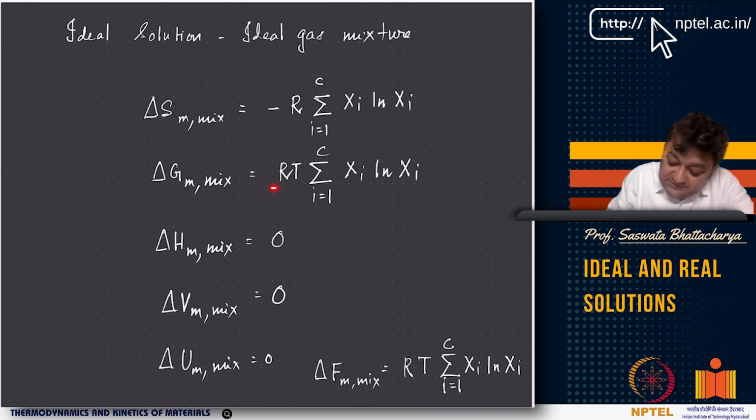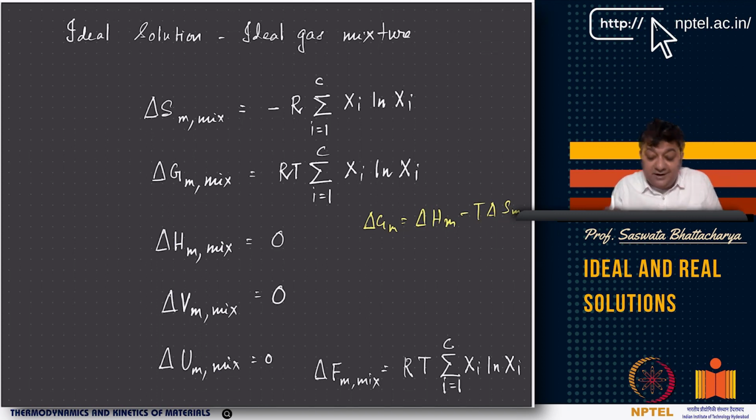The idea is delta G_m equals delta H_m minus T delta S_m. For ideal mixing, when there is no interaction between particles, delta H_m is 0, and delta S_m is minus R sum X_i ln X_i, and then there is a T and a minus sign, so this becomes plus RT sum X_i ln X_i.